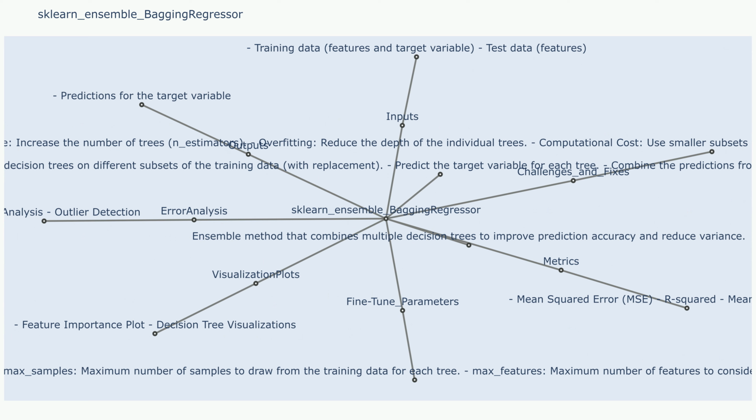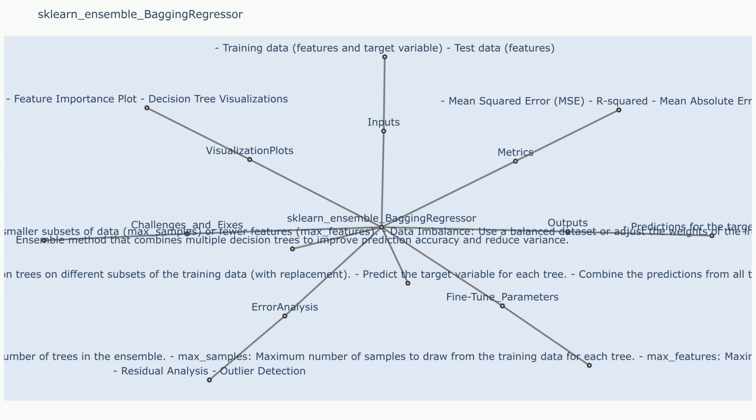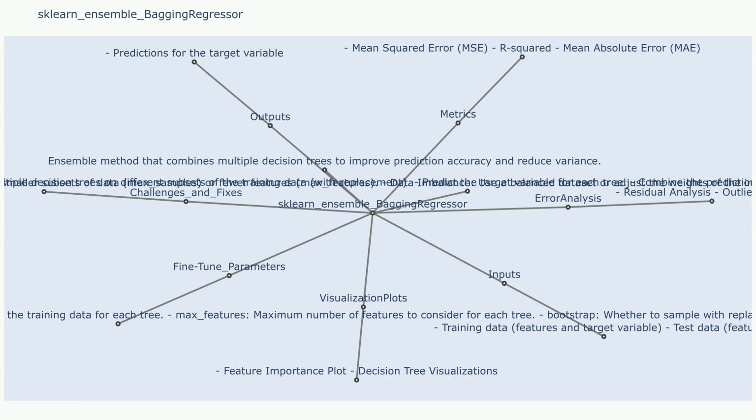Max features. This parameter controls the maximum number of features to use when creating each decision tree. A value of 1.0 means that all features are used, while a value less than 1.0 means that a random subset of features is used. Bootstrap. This parameter controls whether to use bootstrap sampling when creating each decision tree.